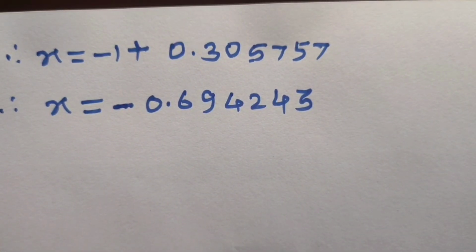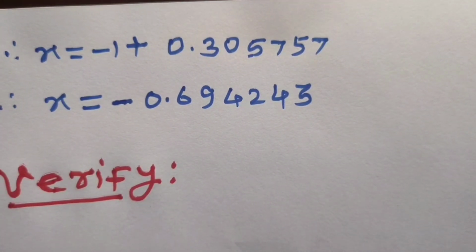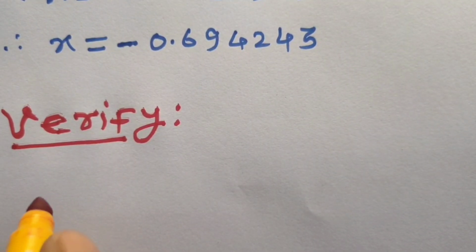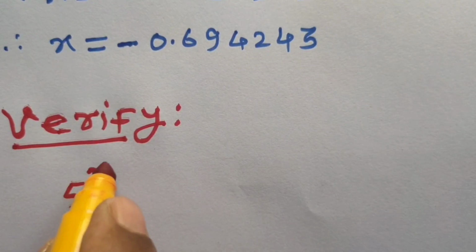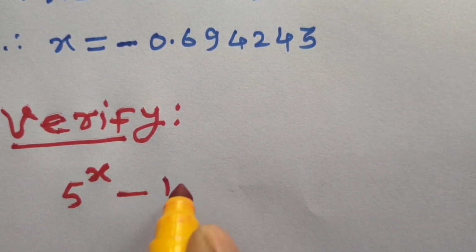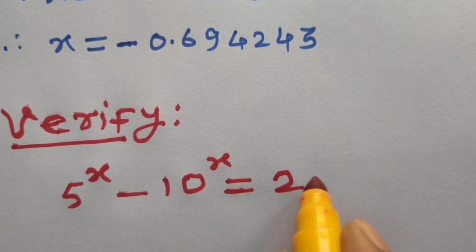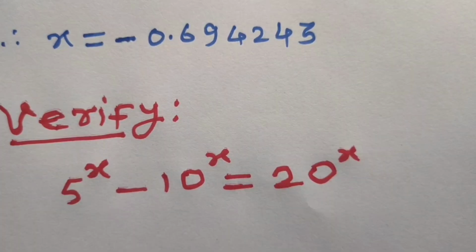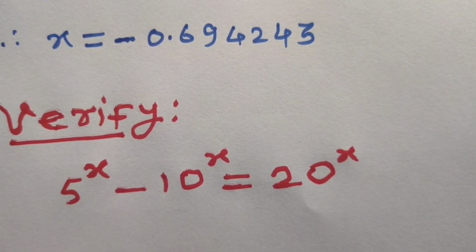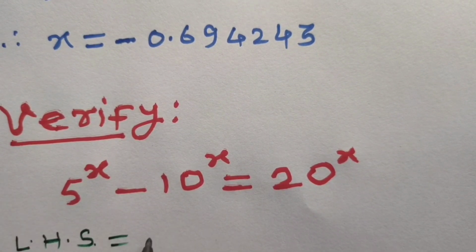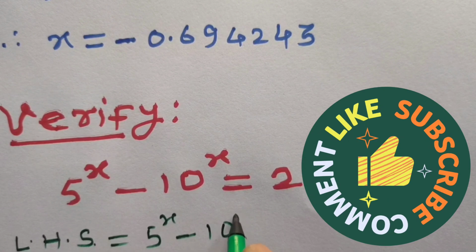Let us verify whether our answer is correct or wrong. The given equation is 5 to the power x minus 10 to the power x is equal to 20 to the power x. Let us put the value of x here. LHS is 5 to the power x minus 10 to the power x.